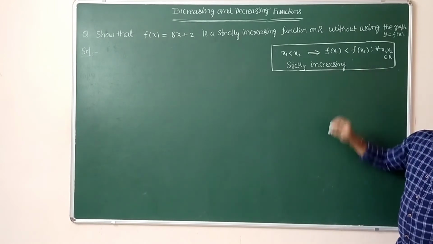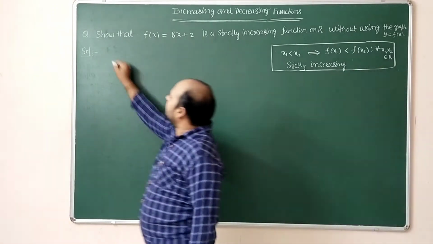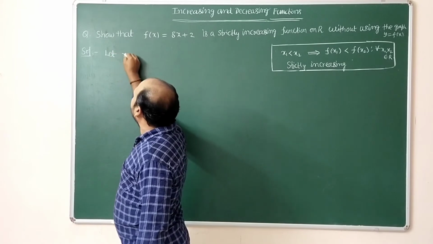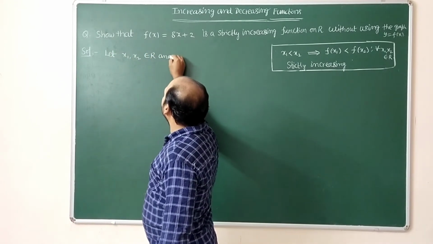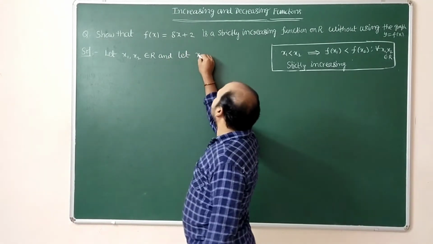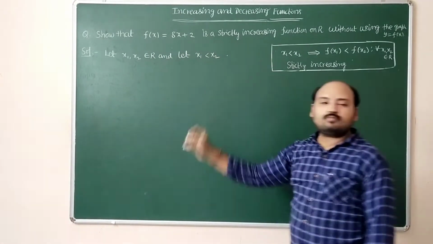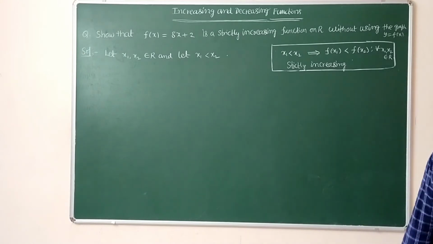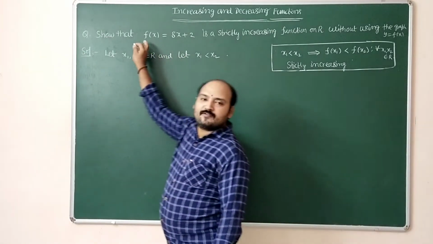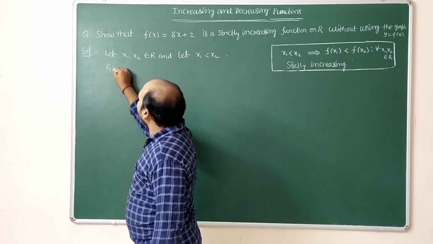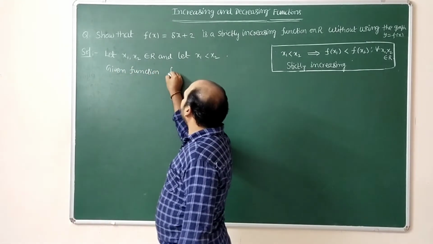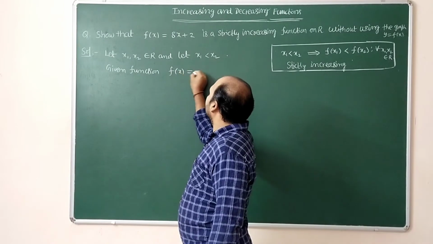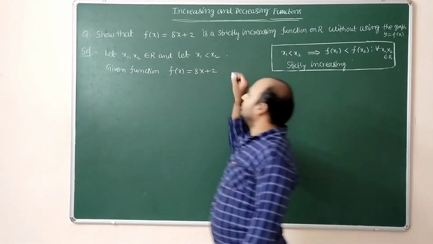Strictly increasing. See, first consider, let x1, x2 belong to R and let x1 is less than x2. After that, what is the given function? Given function f of x equal to 8x plus 2.